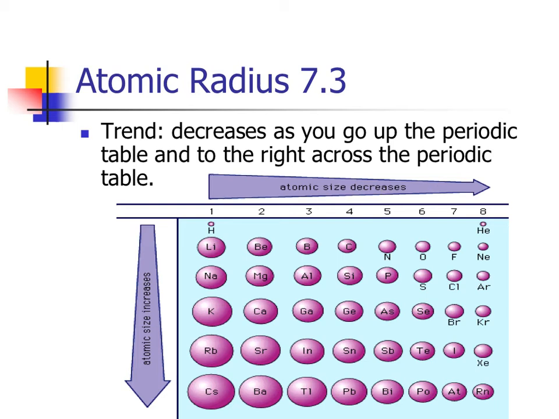Okay, that's one thing, but why is it decreasing? Well, if we think again to our Bohr models, lithium and beryllium have a very similar Bohr model. They're both going to have two circles, and both of them are going to have two electrons in that first circle.